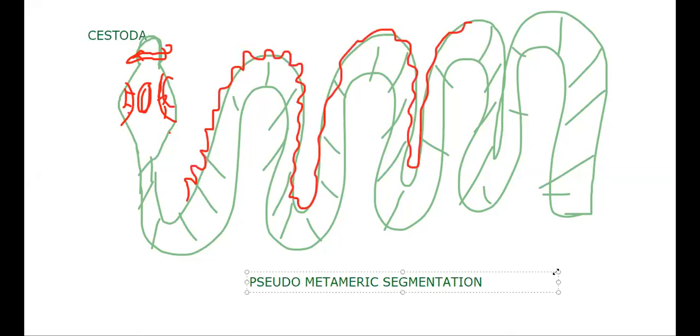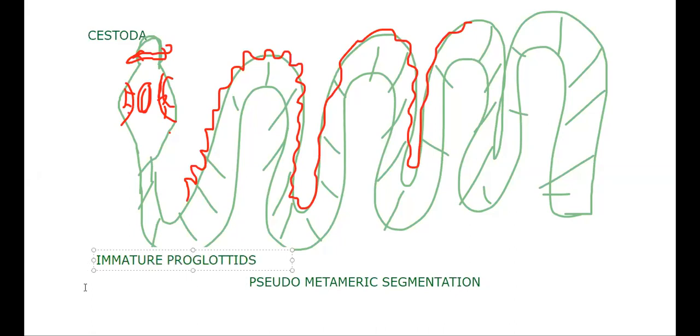We can classify the segments into three. Every segment is called a proglottid: immature proglottid, mature proglottid, and gravid proglottid.